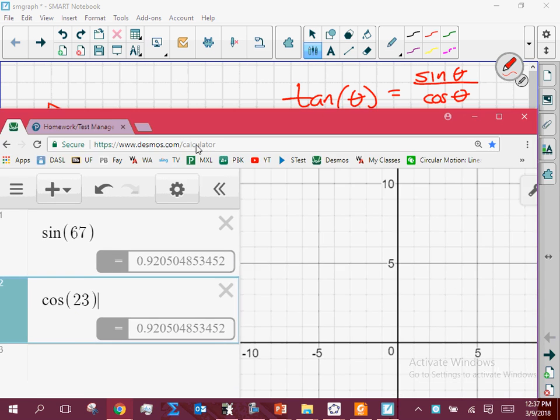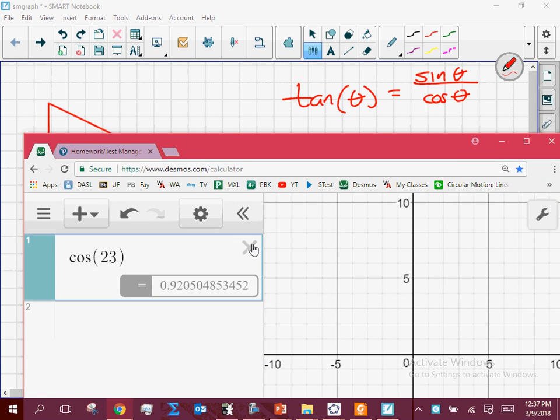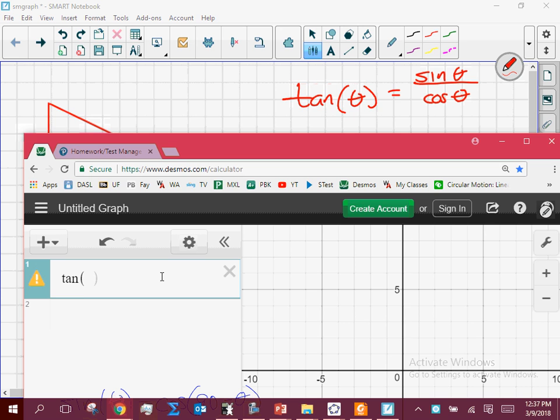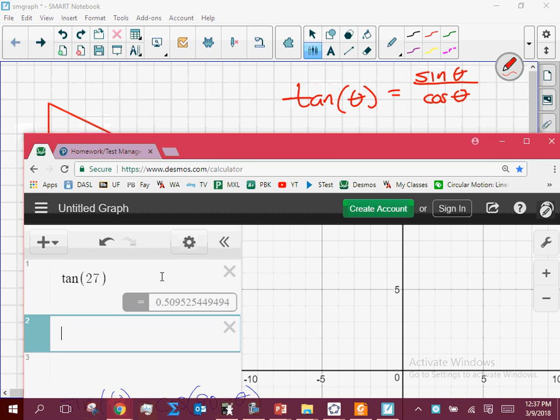Can we look at that and deal with that over here? Let's say that we have tangent of 27. If I put in the number 27, it gives me that decimal back, 0.509, right? Well, what we just said is that I should be able to take sine of 27 and divide that by cosine of 27.